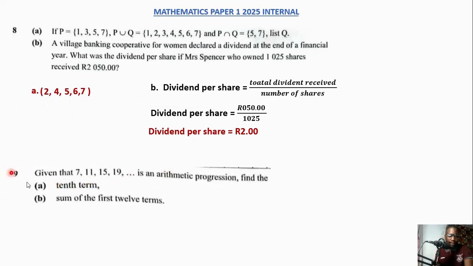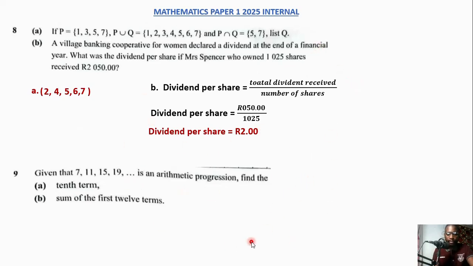All right, now question 9. Question 9 reads, given that 7, 11, 15, 19 is an arithmetic progression, find the 10th term. Okay, we find the 10th term. All right, so due to space, I'll use some other space here, but we'll be coming back to the question.